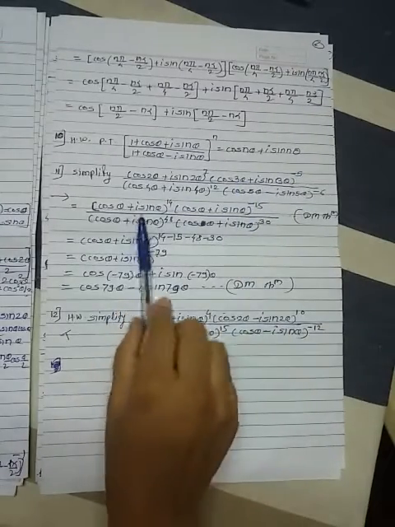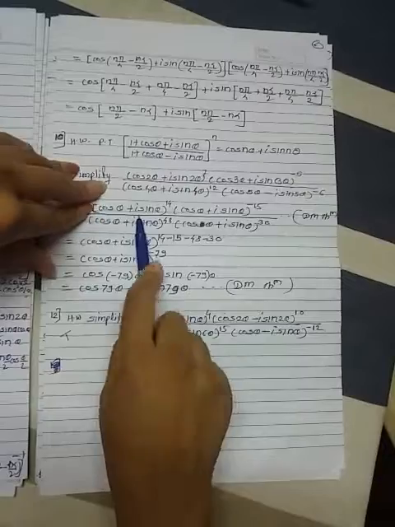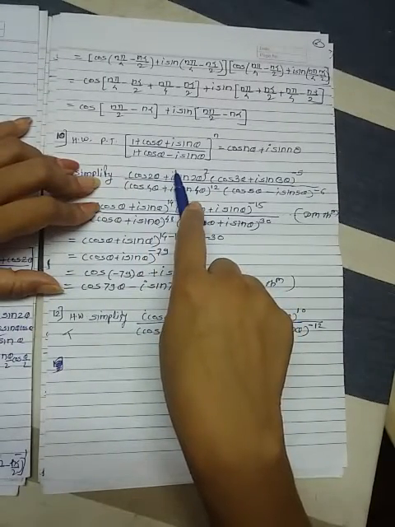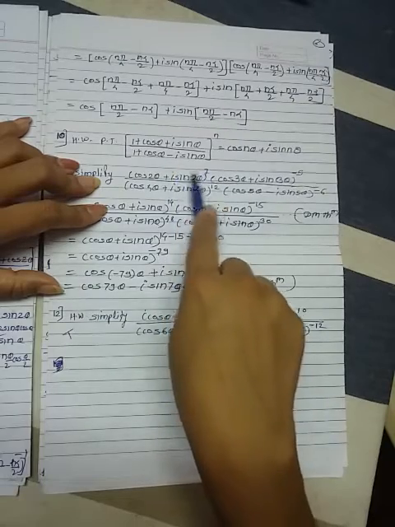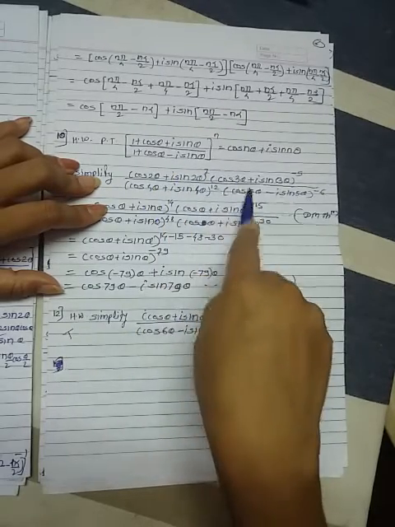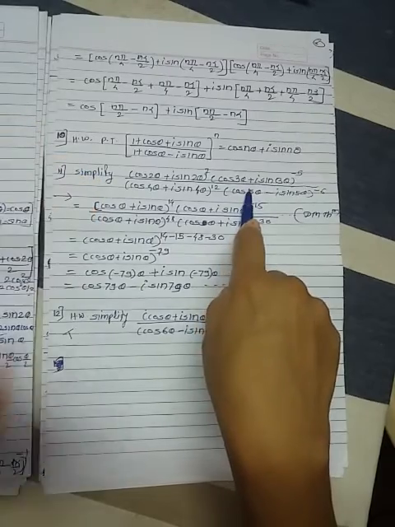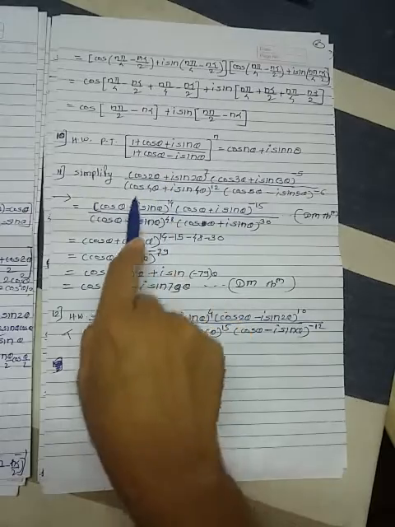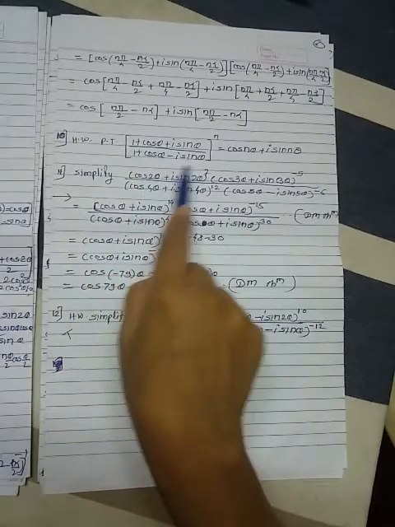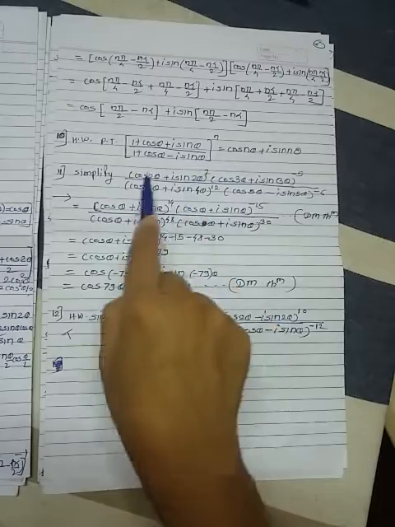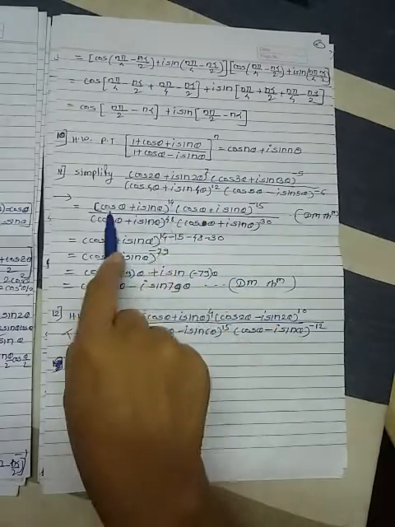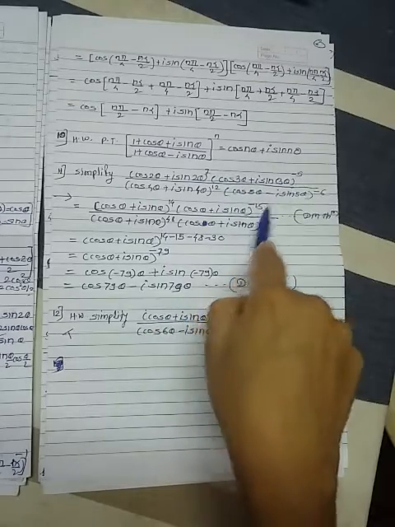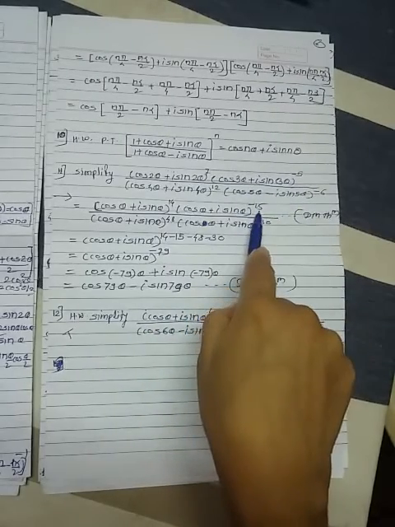Now consider this. By De Moivre's theorem, what we have to do is make all the indices or all the angles of each bracket similar or exactly the same. For this bracket, by De Moivre's theorem, take 2 on the indices. What we get? 7 times 2 is 14. Angle becomes theta. Here take 3 to the indices. 5 is a minus 5, 3 is a minus 15.